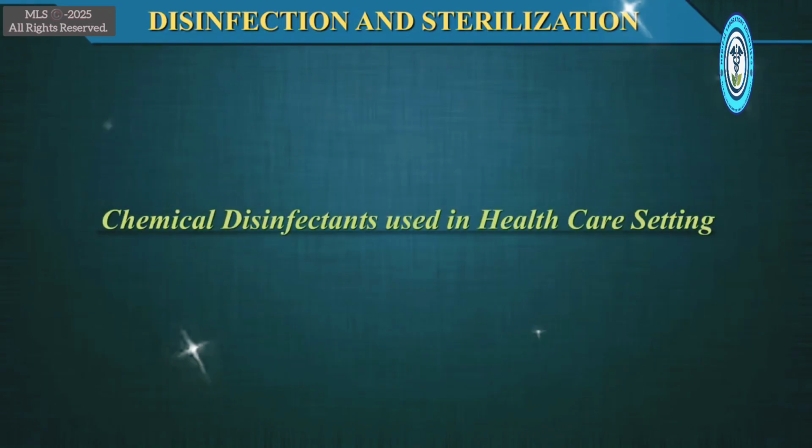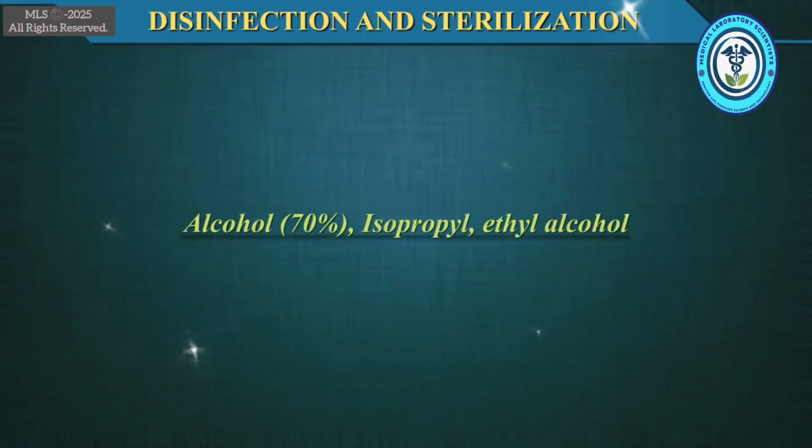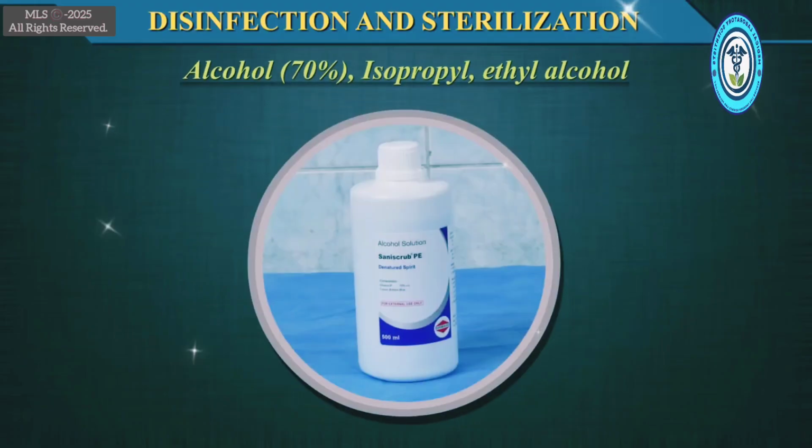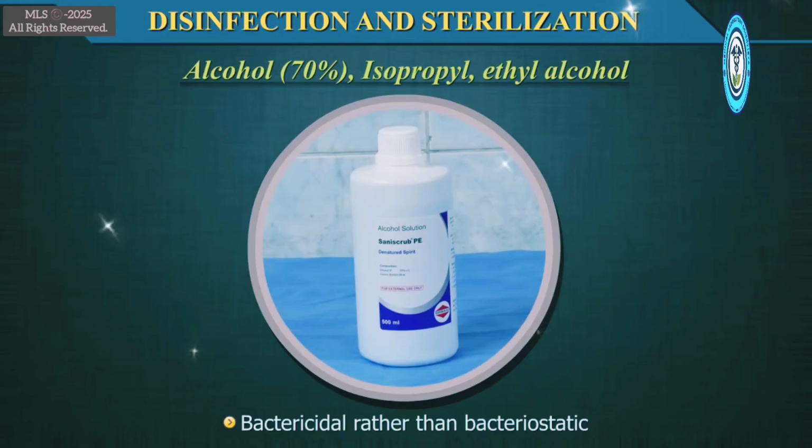There are various chemical disinfectants used in the healthcare setting. Alcohol, 70%, isopropyl or ethyl alcohol. These alcohols are rapidly bactericidal rather than bacteriostatic against vegetative forms of bacteria.